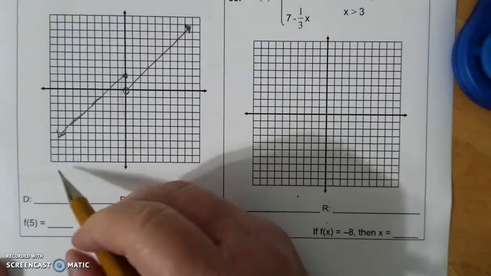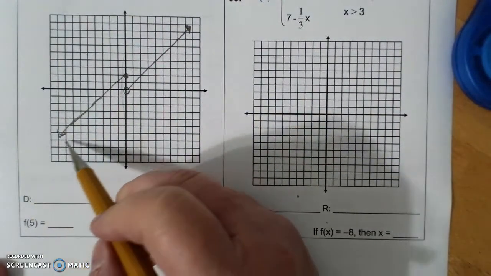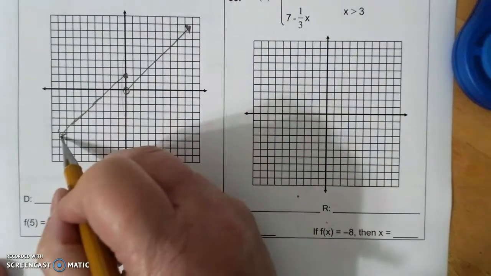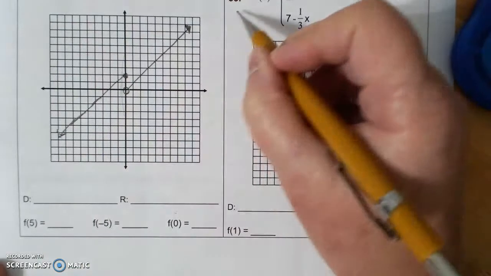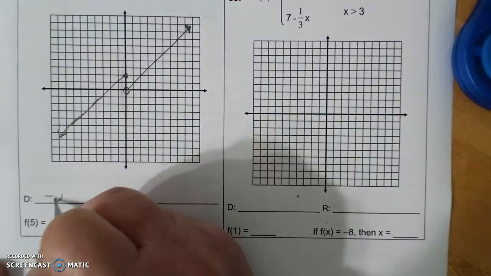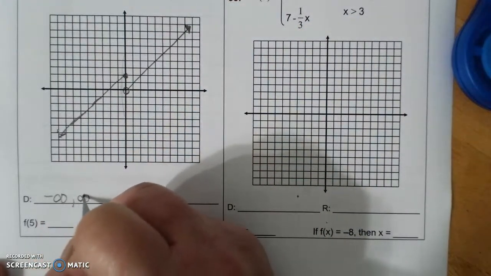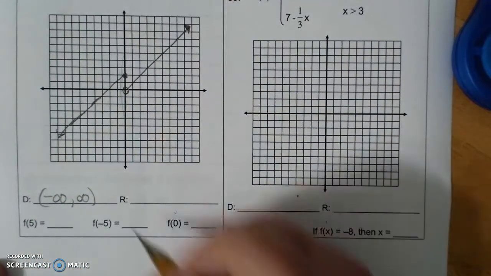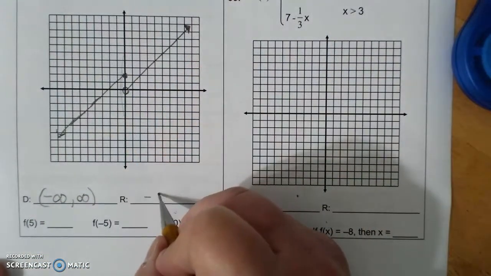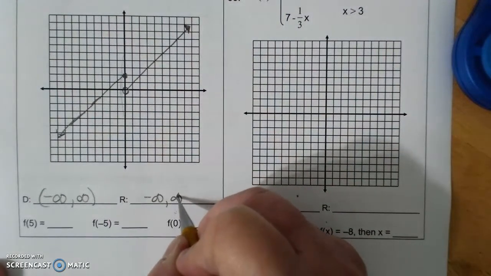Domain is everybody, because it has arrowheads here. Even though it's a piecewise, there's no gaps, so it's negative infinity to infinity with parentheses. Range, I can go all the way down and all the way up.